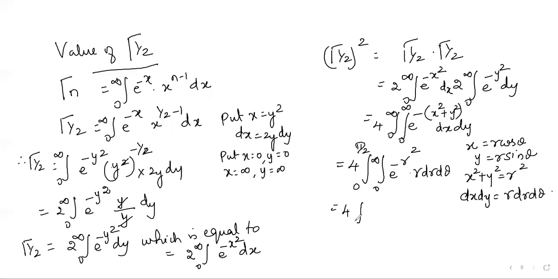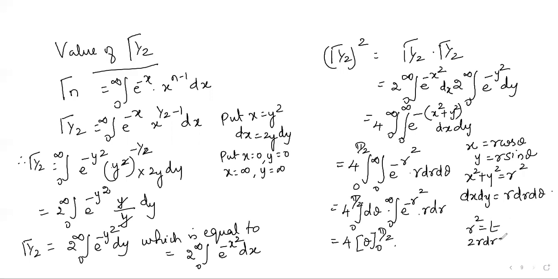So this can be integrated by separating d theta, then into integral 0 to infinity e power minus r square into r dr. Integrating d theta, I will be getting theta, substituting the limit 0 to pi by 2. For this integral, I go for the substitution: put r square is equal to t.